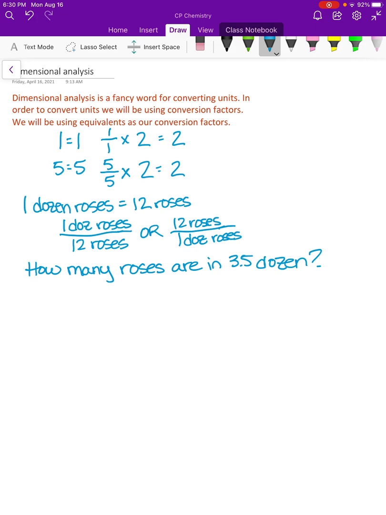Okay, so it gives us 3.5 dozen. Whatever's given is what you're going to start with. So 3.5 dozen.